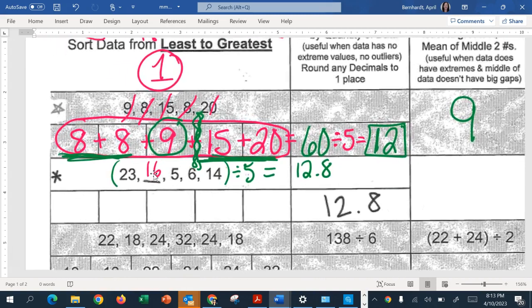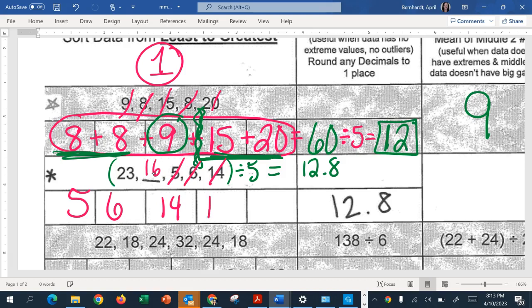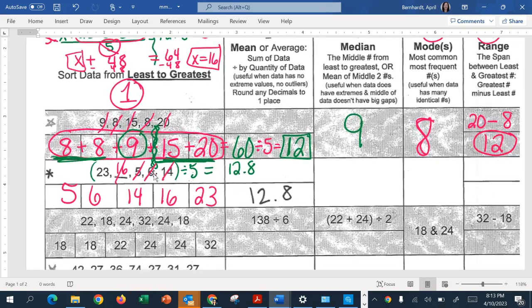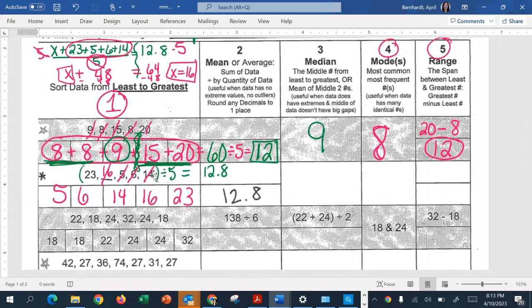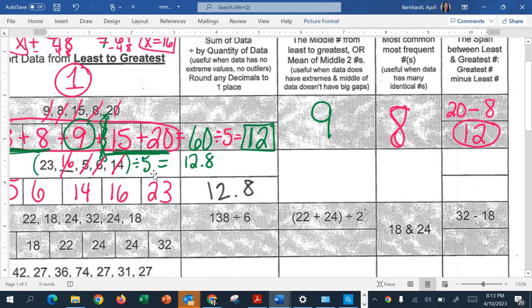Next, I'm going to order these numbers from least to greatest. So 5, 6, 14, 16, 23. I don't need to find the mean because they gave that to me. Again, I like to find the mode because that's pretty easy.